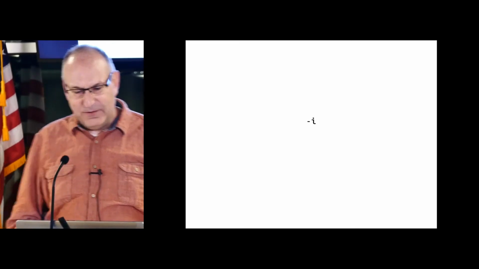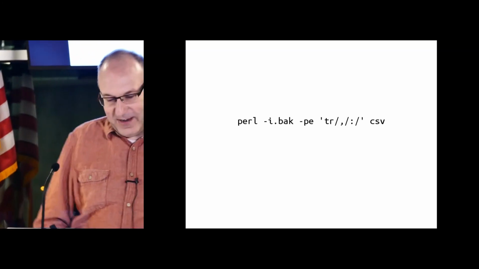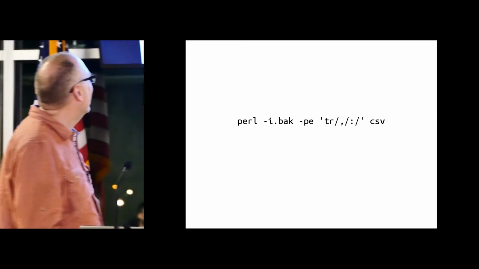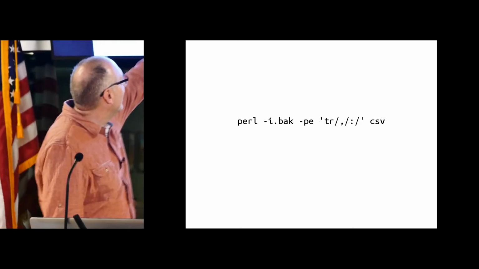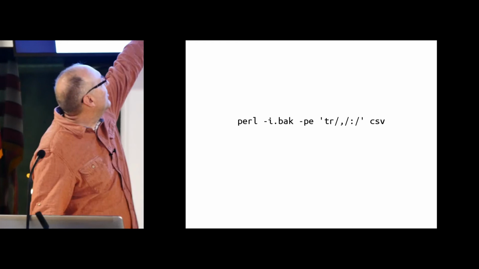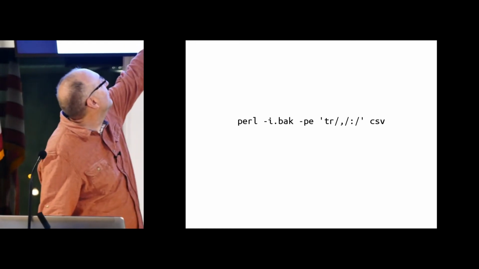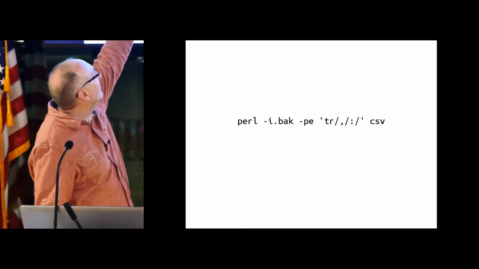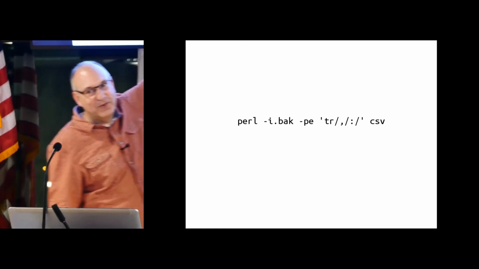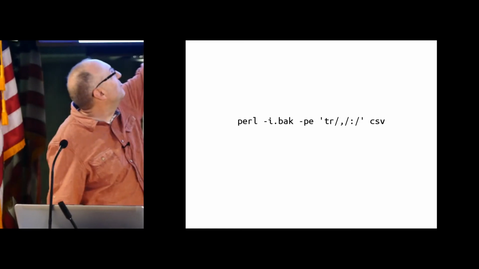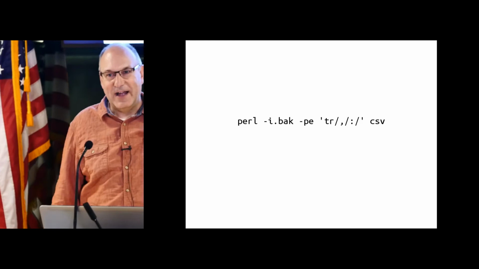So now -i. I used to think -i was really cool, and the more I get familiar and comfortable with shell redirection, the more I hate -i, but we'll talk about it for a second. This right here, perl -i.back, is telling Perl to go ahead and iterate over my CSV file and transliterate all commas into colons, and then dump my output file back into the CSV after making a copy of the original file into CSV.back.